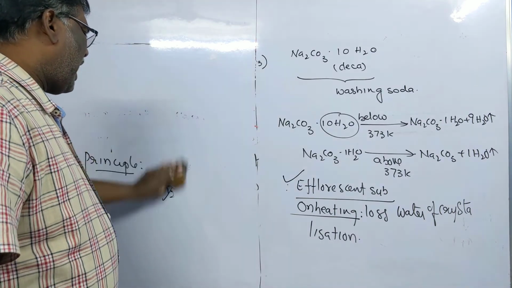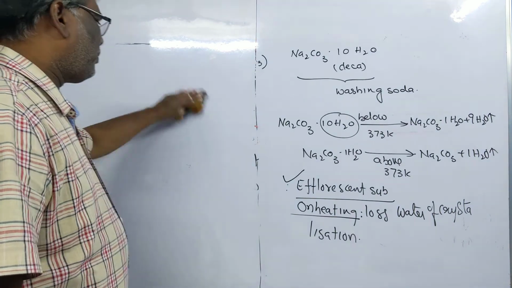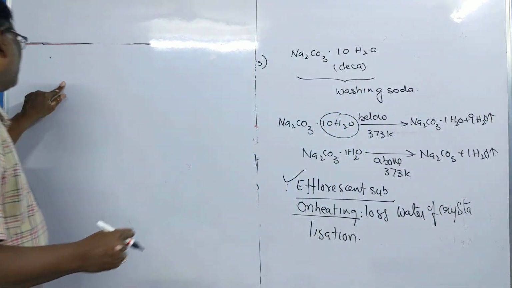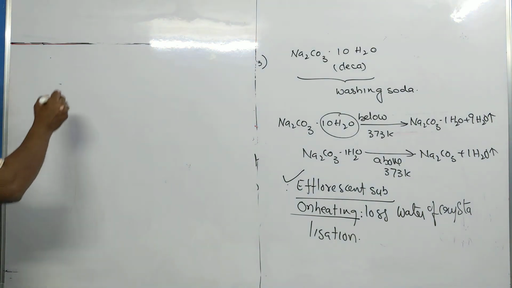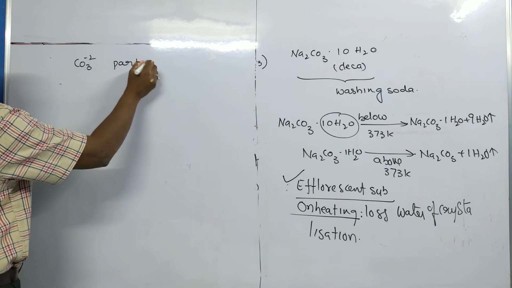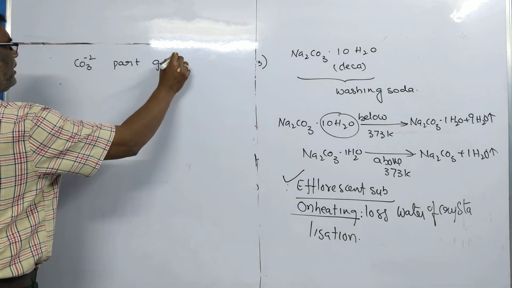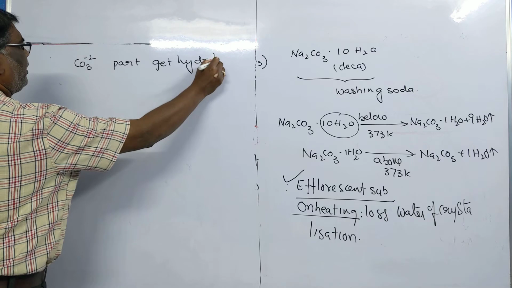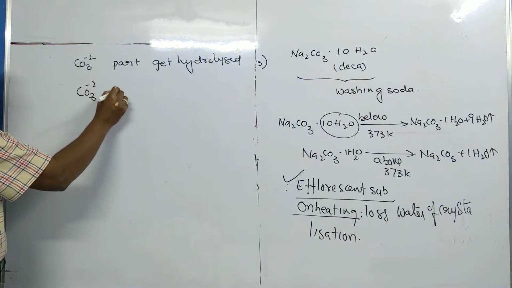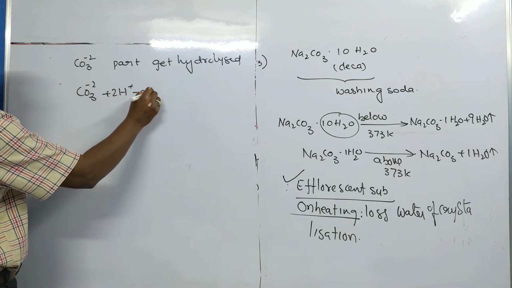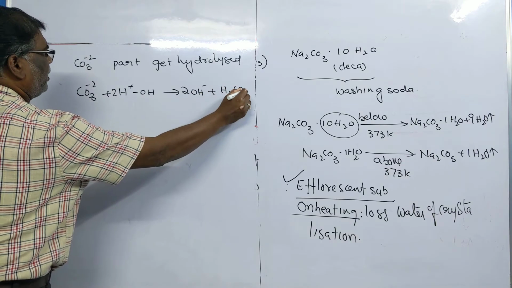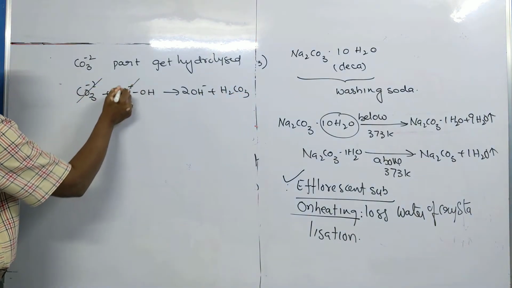Next one, aqueous solution of sodium carbonate. When we take aqueous solution of sodium carbonate, the carbonate part undergoes hydrolysis. The carbonate part on action with water forms OH minus ions.